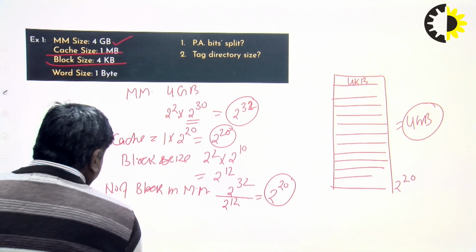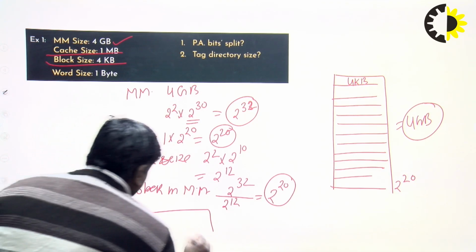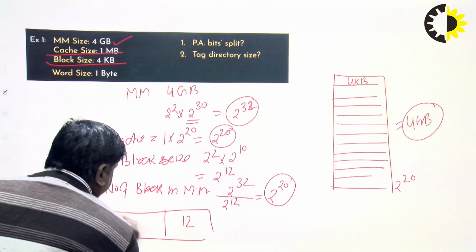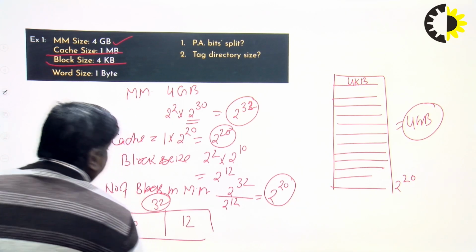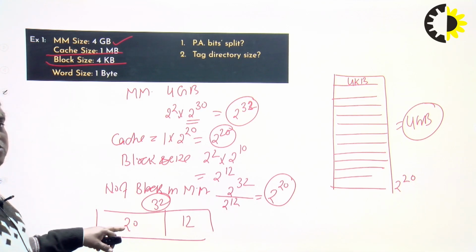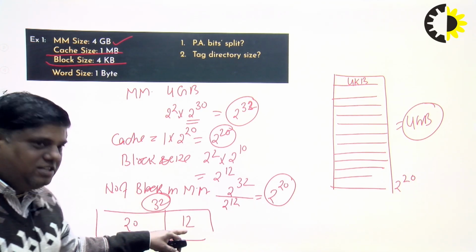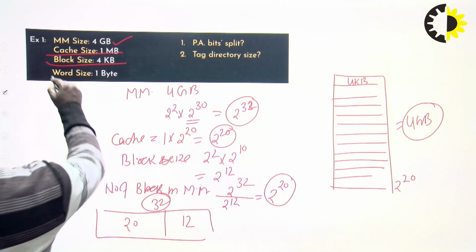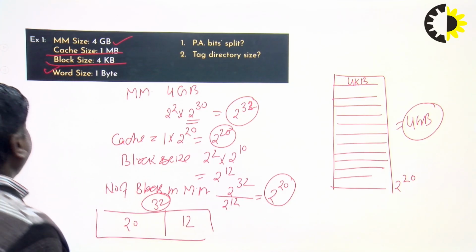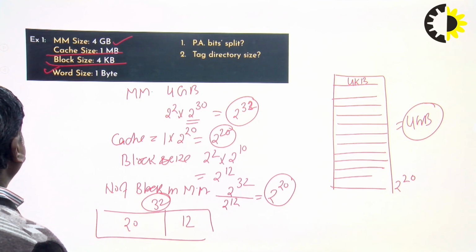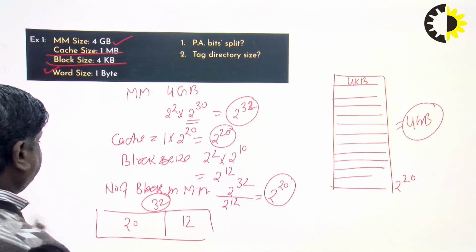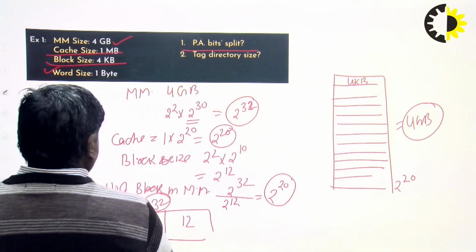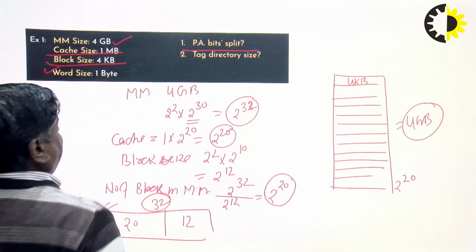What is the physical address? Here is a 12 and here is a 20, and our total size is 32. This one is known as the block number, and this one is known as the block offset. Word size is 1 byte. Now this one is completed.